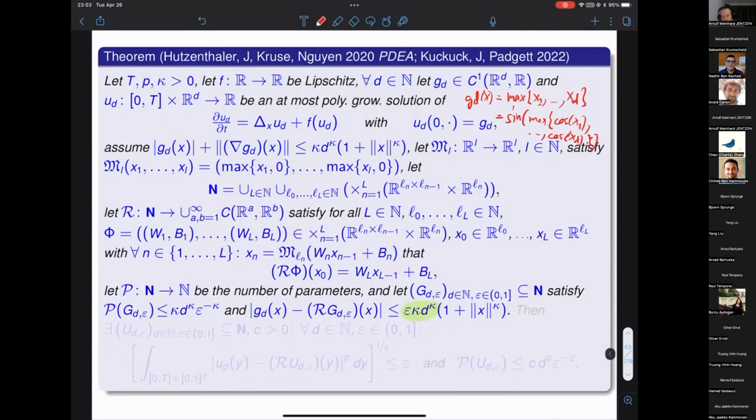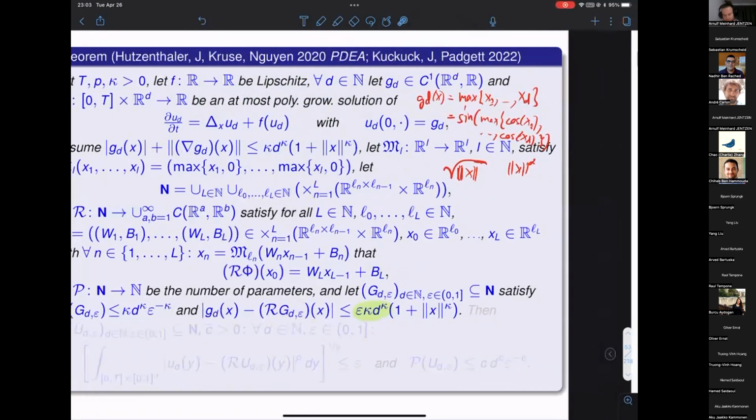Also the example we had in the previous numerical simulation, the square root of the standard norm, is satisfied, or any power of the standard norm, or also a smooth function of this. So these are all examples of initial conditions for which one can verify, not very challenging, that they satisfy this assumption.